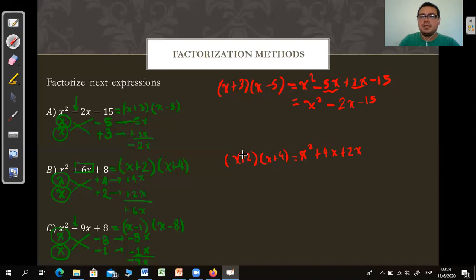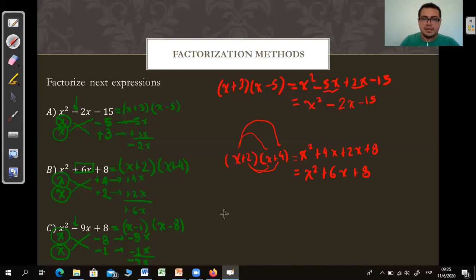I'm distributing each of these, like the distributive property we normally apply in these exercises. Now I'm doing it with the 2. 2 times x, 2x, and 2 times 4 is 8, positive 8. As you can see here, we're going to have the same expression: x squared plus 6x plus 8.